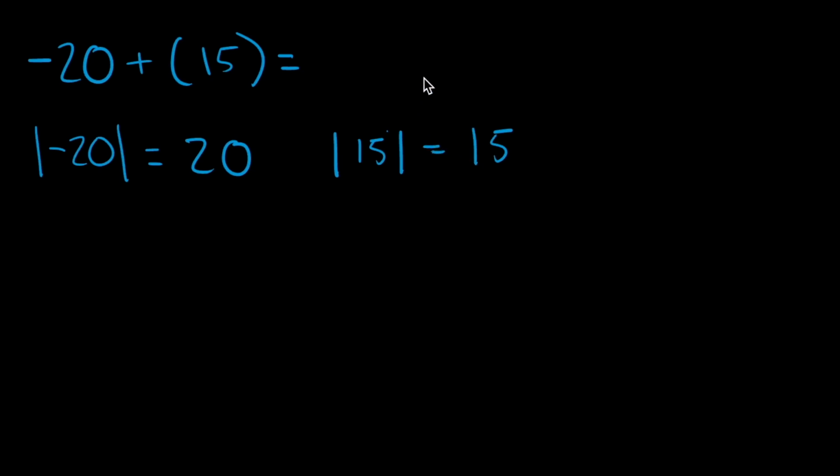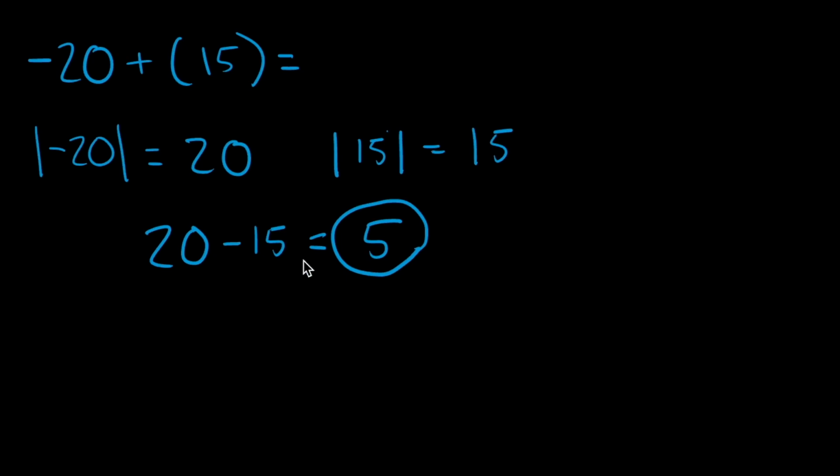Now, the next step is to subtract the smaller absolute value from the larger absolute value. So 20 minus 15 equals, 20 take away 15, that's 5. Then the answer will take the sign from the original number that had the larger absolute value.